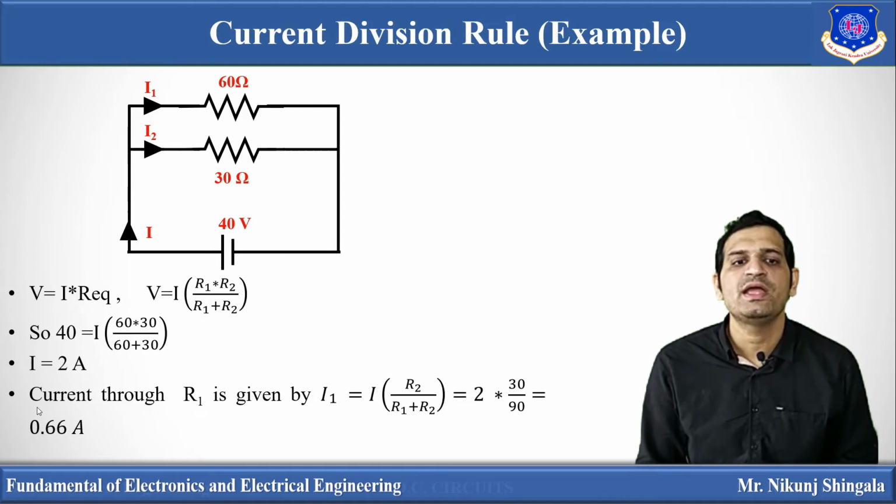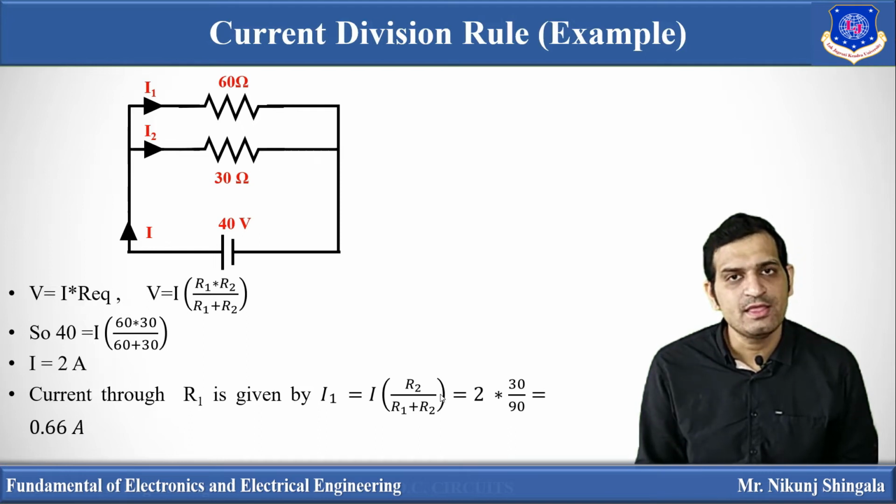Now directly we can find the value of current through R1 using the current division rule. So I1 is total current I into 30 divided by 30 plus 60. So we can write 2 into 30 divided by 90, which is 0.66. So current through R1 is 0.66 ampere.